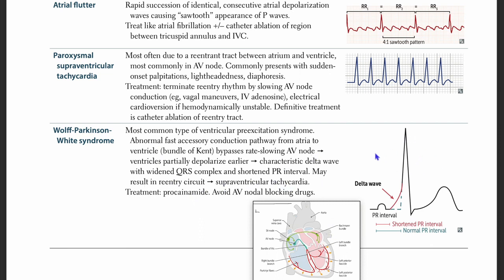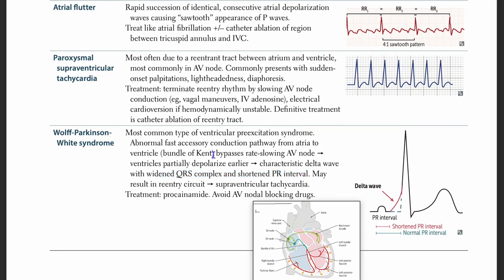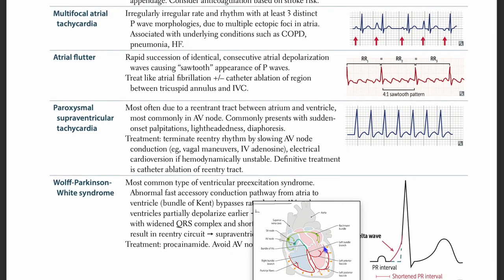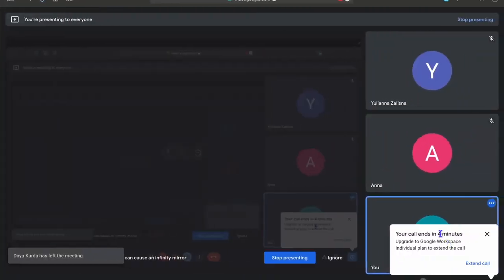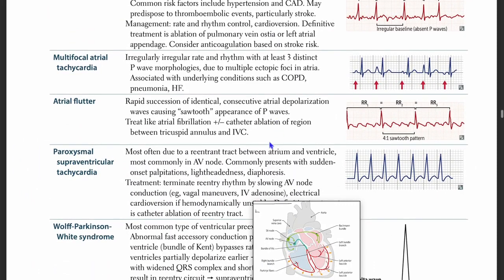Even though it's happening as soon as it's repolarized, there will be a wider QRS, so wide QRS complex and short PR interval for WPW. You gotta remember that one, and you gotta remember ectopic foci. Okay, 4 minutes. I can discuss more about this.